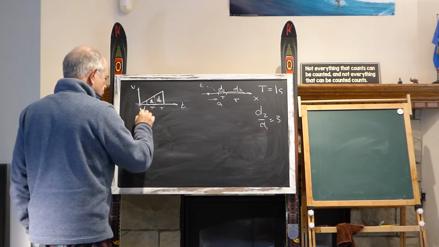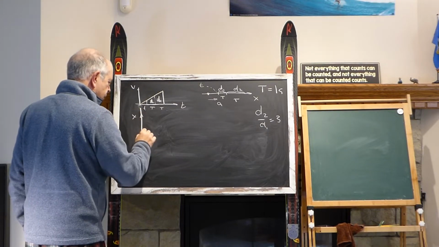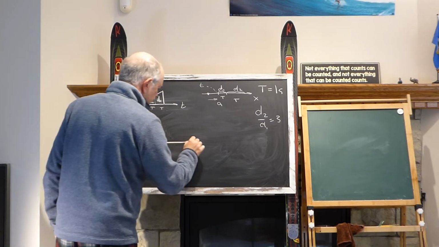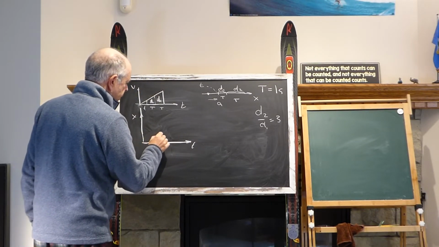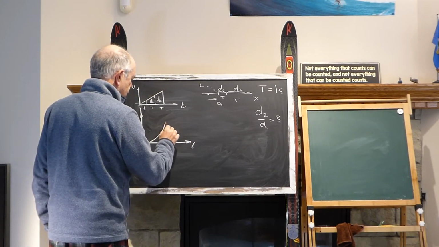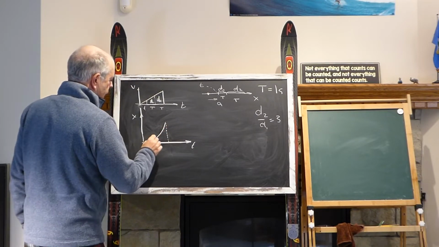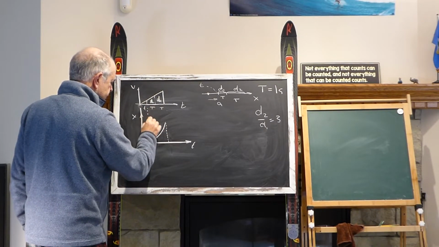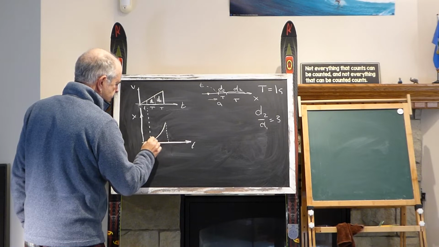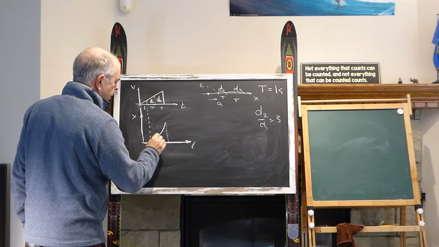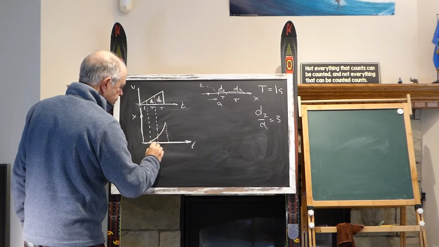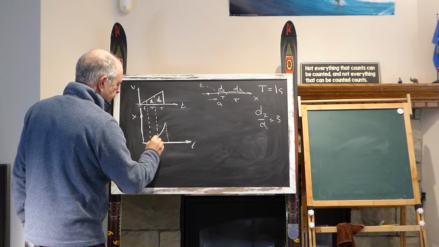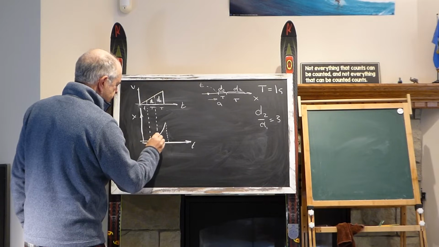And of course we can draw a graph of x over t. It's a parabola, and they tell us that it starts at that period of time and then it goes for the period T and it covers this distance.